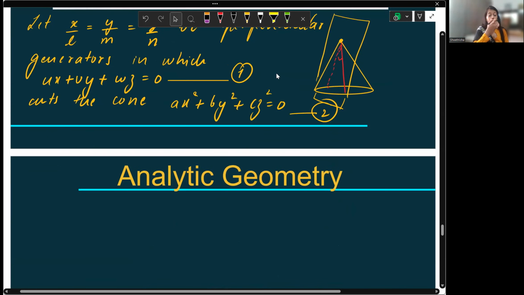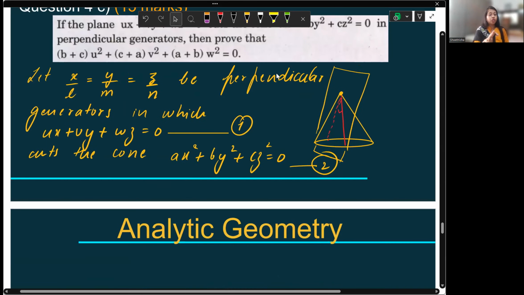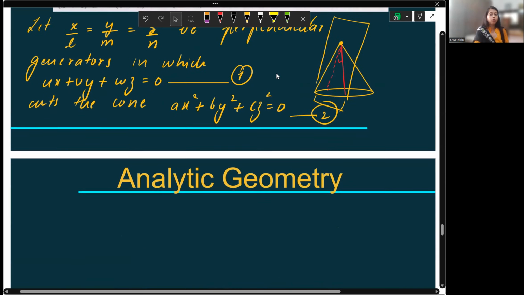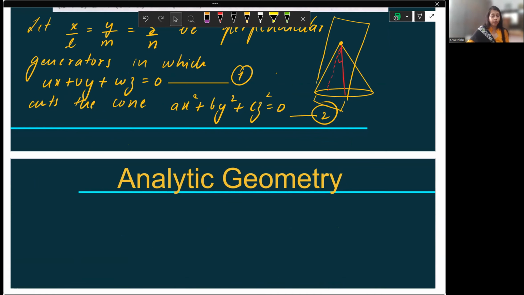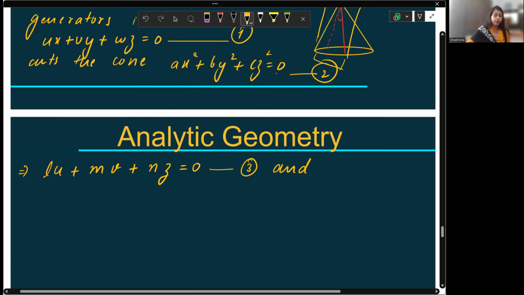Now, if this is a line which is a generator and it is also on the plane, that means it will satisfy the equation of the plane. It implies lu plus mv plus nw equals 0, right? I'll name it as 3. And when a line is on the cone, acting as a generator of the cone, then its direction ratios also satisfy the equation of the cone.